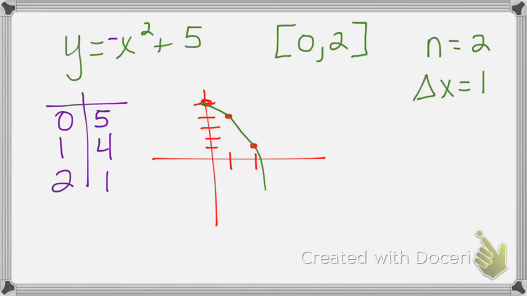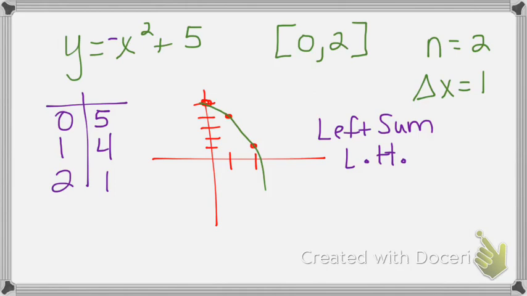Okay, so one way that this Riemann guy said that he thought was a good way to find the sum, or to find the area, was to use what's called the left sum. Sometimes they call it the left-hand sum. Sometimes it's with an L and an H as the abbreviation because they call it a left-hand sum. What you do is you make a rectangle starting on the left of the graph.